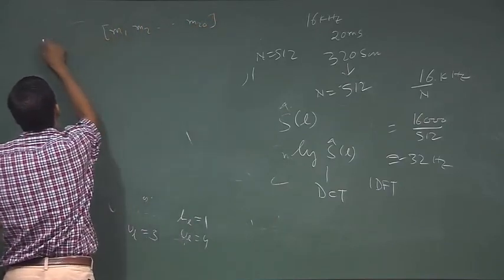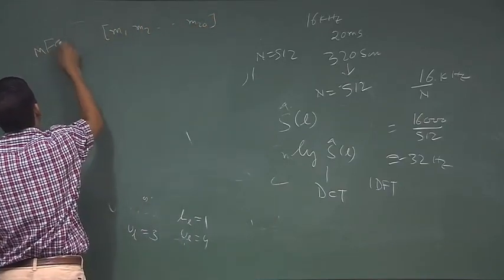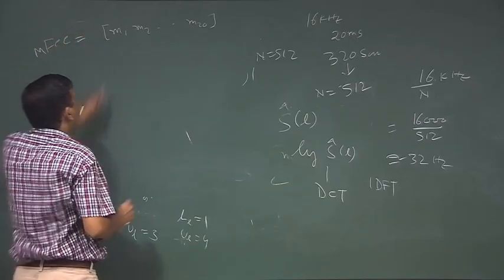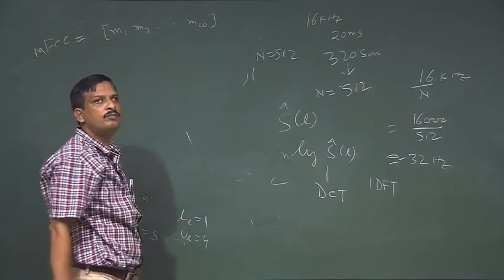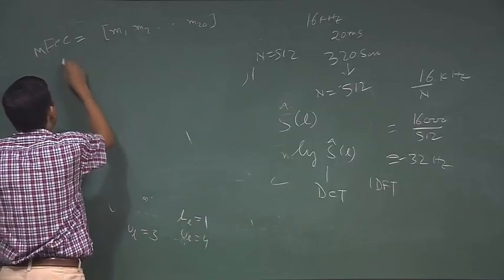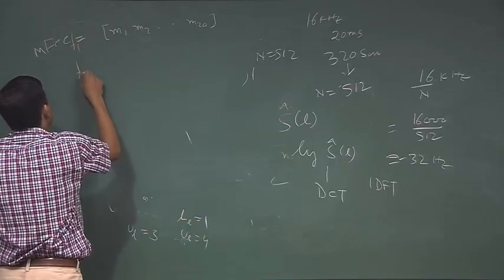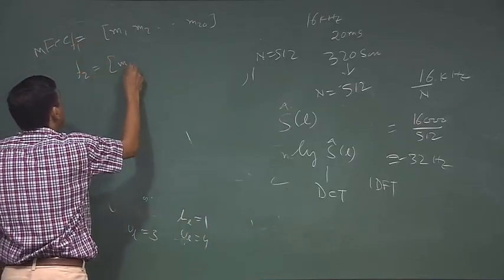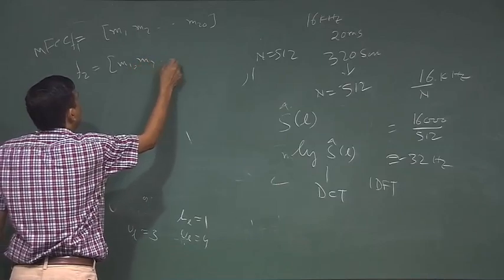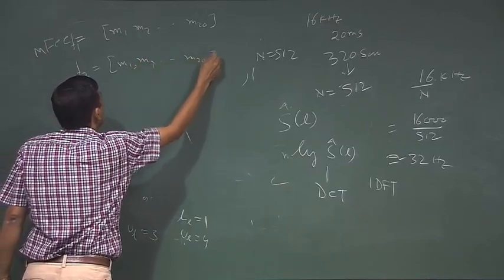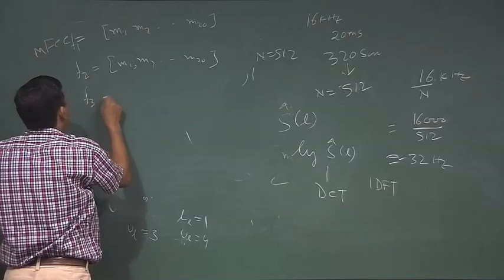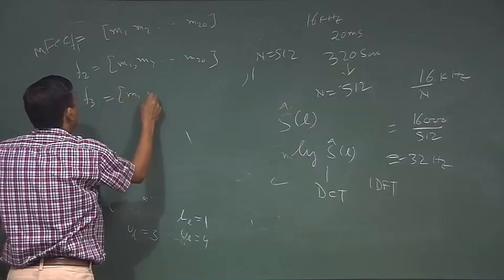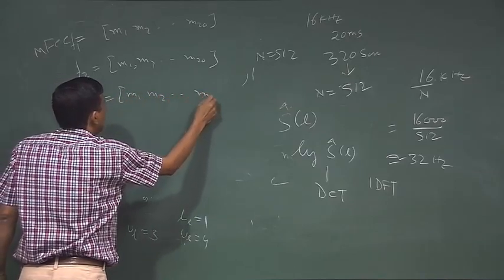This is the MFCC coefficient for a single frame. This is for frame 1, I can calculate for frame 2 M1, M2 dot M20, and frame 3 M1, M2 dot M20.